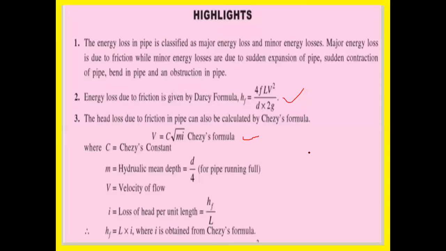As already mentioned, the topics we have discussed are major losses and minor losses. We have two different formulas, that is Darcy formula and Chezy's formula for the major losses.